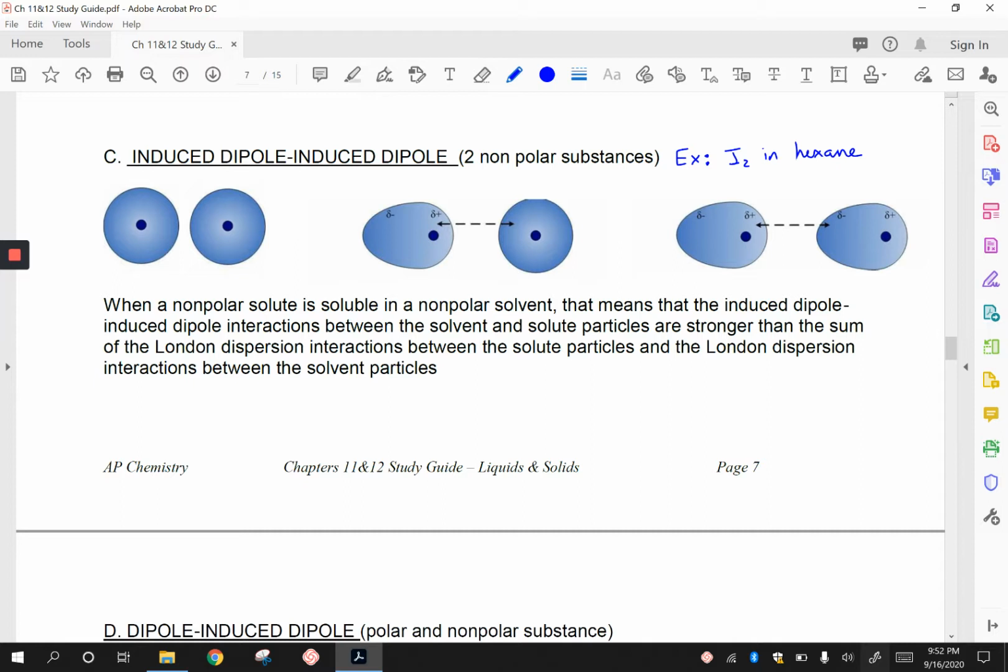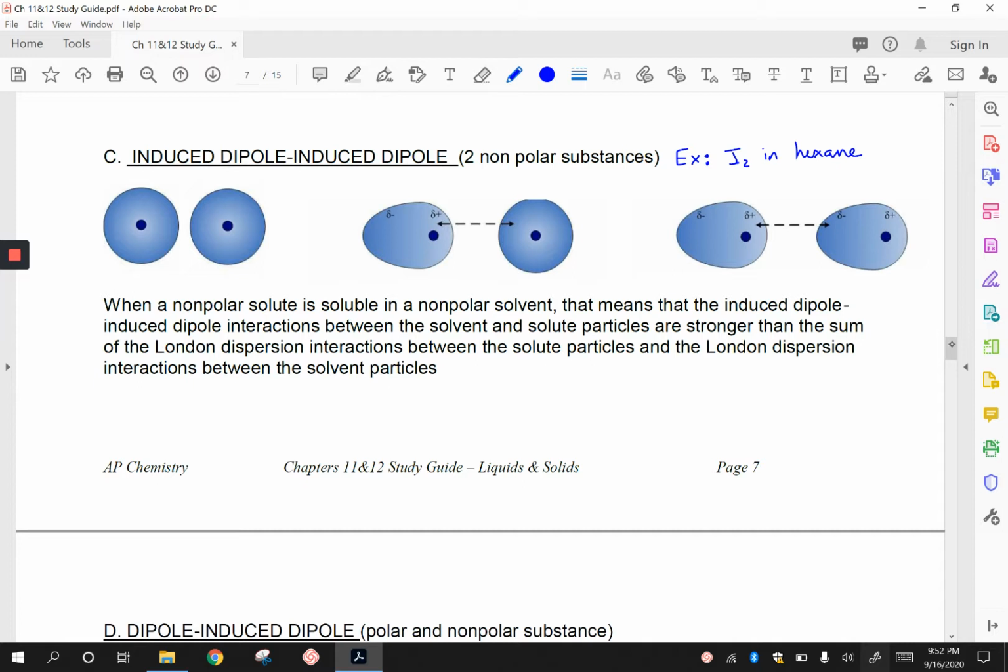The reason why we call it induced dipole is because, if you remember, you have these molecules that are nonpolar with their electron clouds evenly distributed. And just by coincidence, due to the random motion of the electrons, the electrons are distributed in one area of one molecule more than another, and that causes a momentary or instantaneous dipole. So you get a slight partial negative and a slight partial positive.